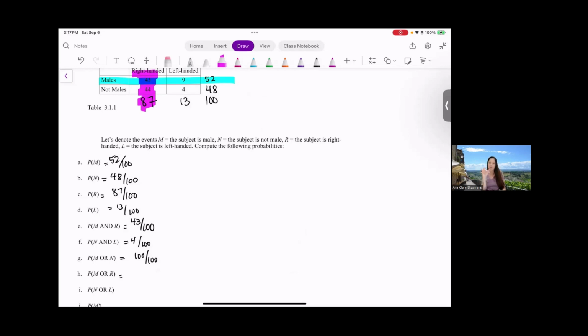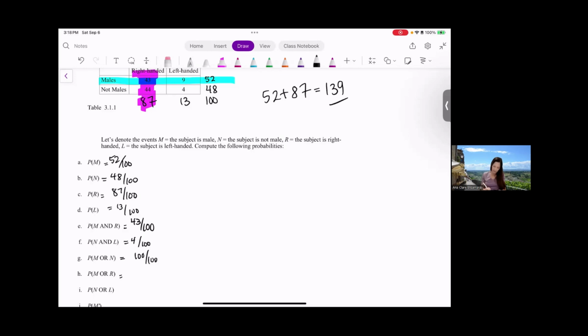If you notice, there is a square in here that is highlighted twice. If I was to just add 52 plus 87 for all of the males and all of the right-handeds, I get 139, which is more than we have in the group. And that's because we double counted those male right-handers.